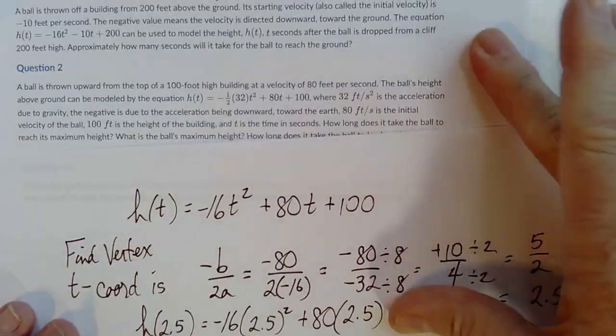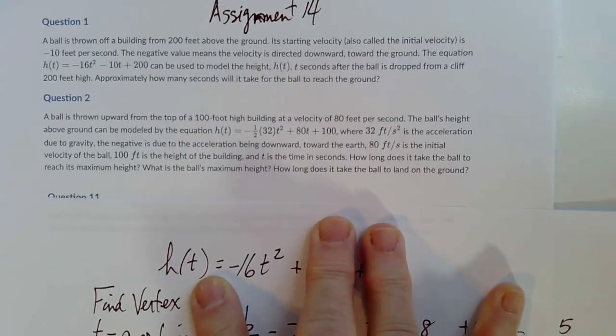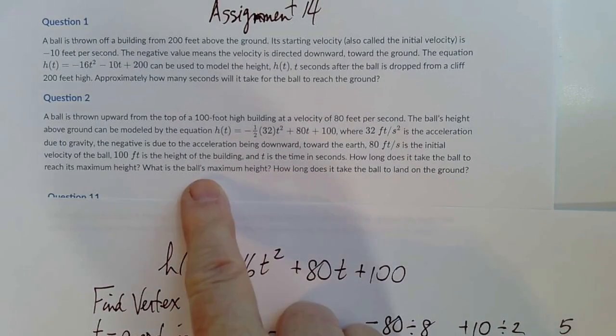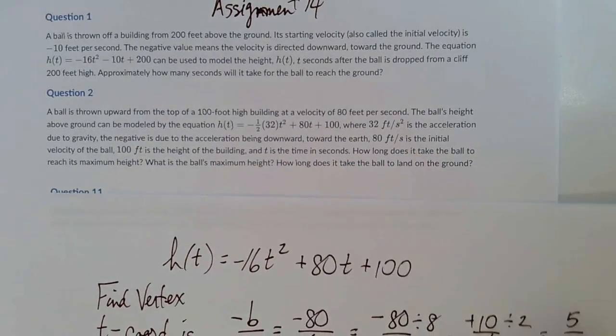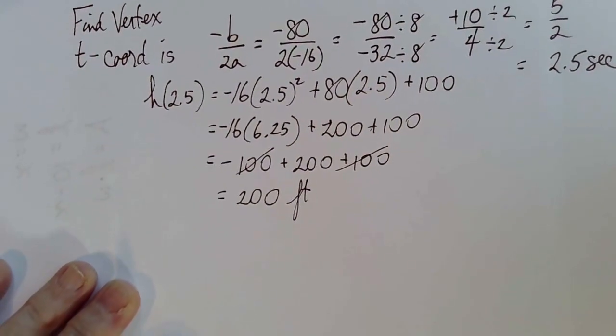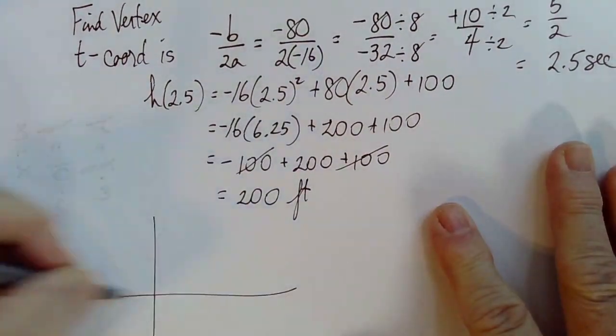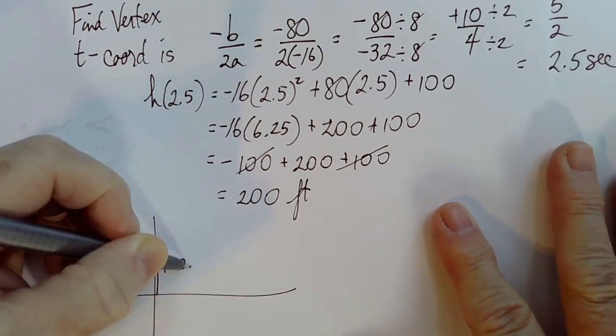And then they want to know how long it takes the ball to land. And just like we did in the previous problem, this time we've got the building, which is 100 feet.